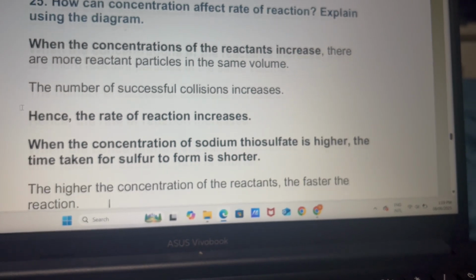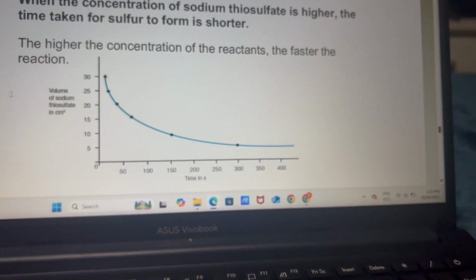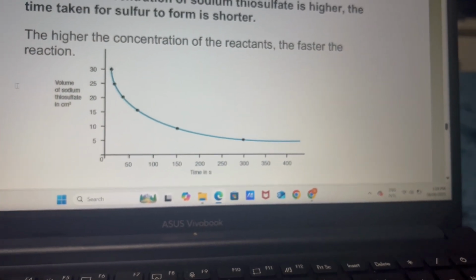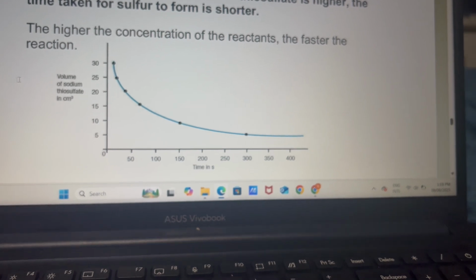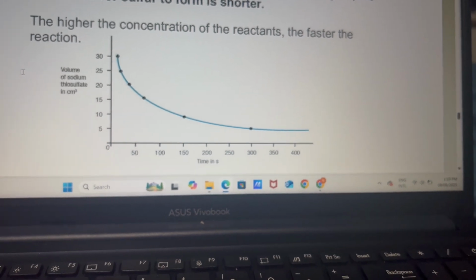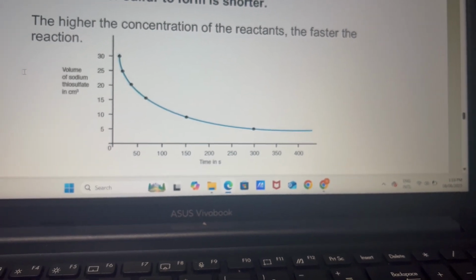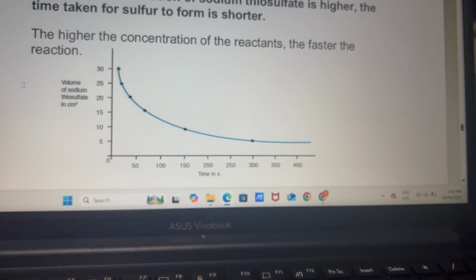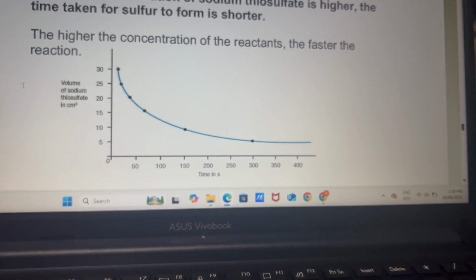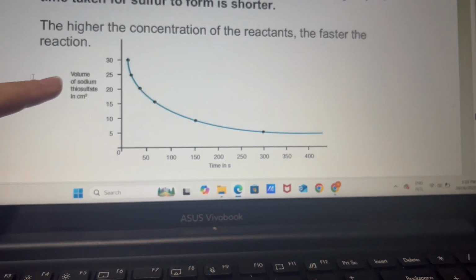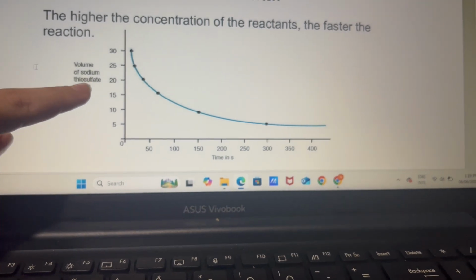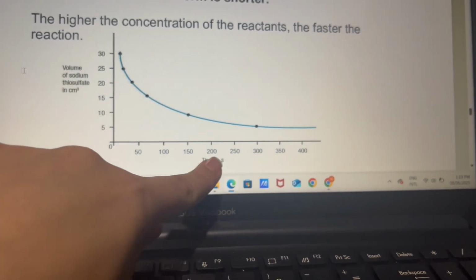How can concentration affect the rate of the reaction? You need to use the graph, meaning you need to explain the graph while saying what is going to happen or what the effect is exactly. Here you have a reaction. What is happening to the volume of the sodium thiosulfate by the time?